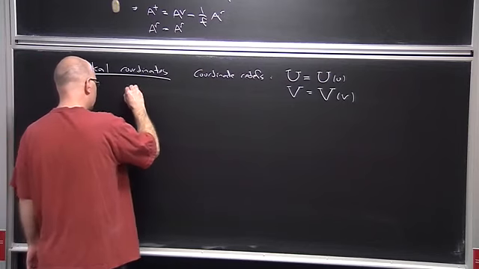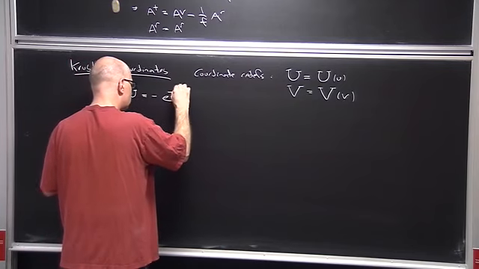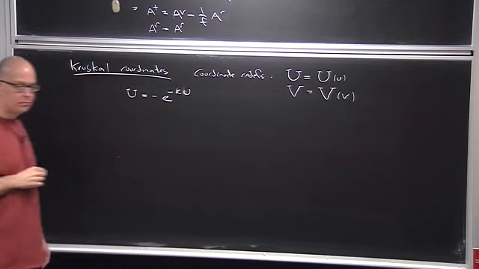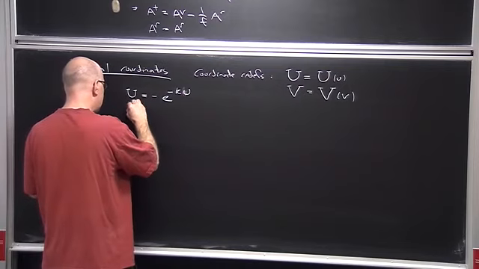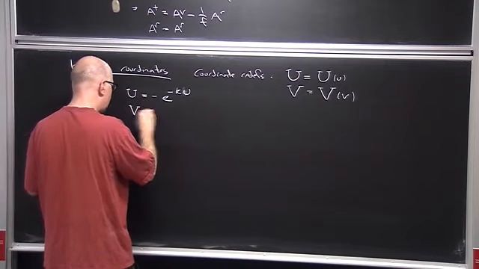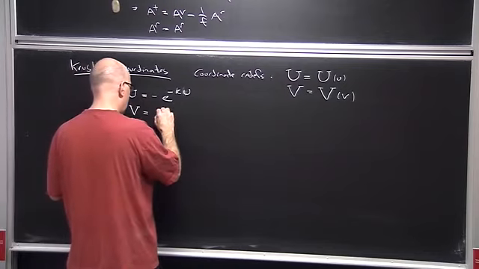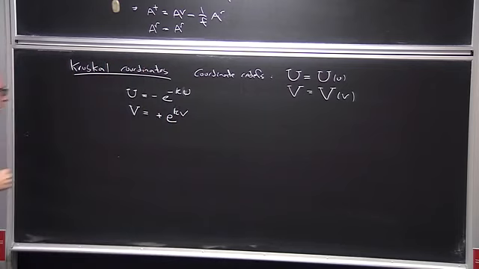Kruskal realized that he could define capital U to be just minus the exponential of minus kappa u. Now v is not an issue, so the new v could have been the same as the old v, and that would not have spoiled anything. But just to include more symmetry into this construction, big V was defined to be the corresponding exponential function of little v.